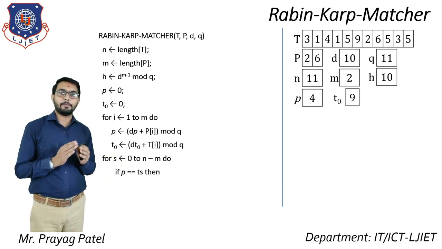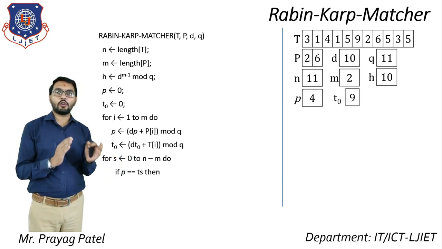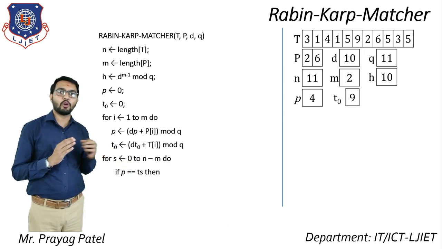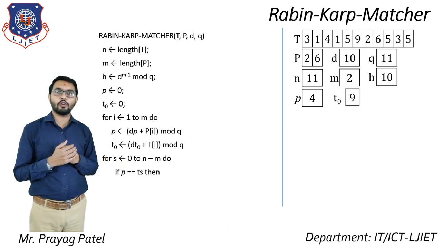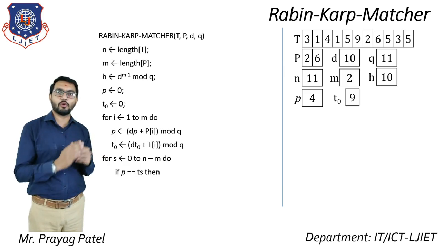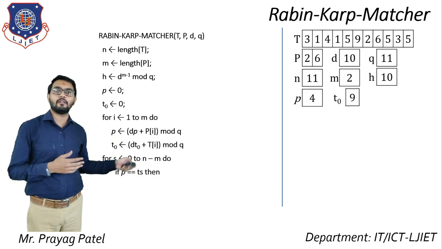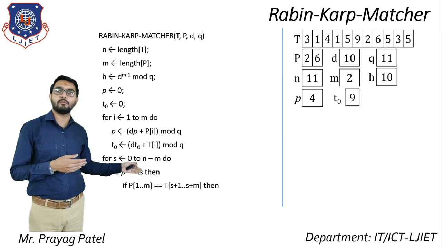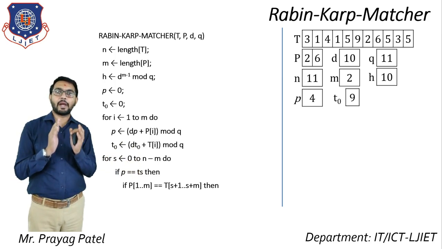Now first, if p equal to t of s, then perform the following operation. Here p equal to t of s means pattern modulo matches with the text modulo, and if both the modulos are matched, then perform the operation of the pattern matching.